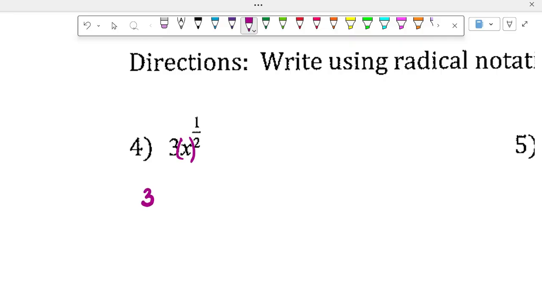So the 3 is going to be on the outside. We're going to have some radical. What type of radical is this going to be? Is it going to be a square root, cube root, fourth root, fifth root? It's going to be a square root, so there'll be a little 2 here. What's going to go underneath? X, or x to the first, just to keep things consistent. If I do a little cleaning up, this will be 3 square root x.